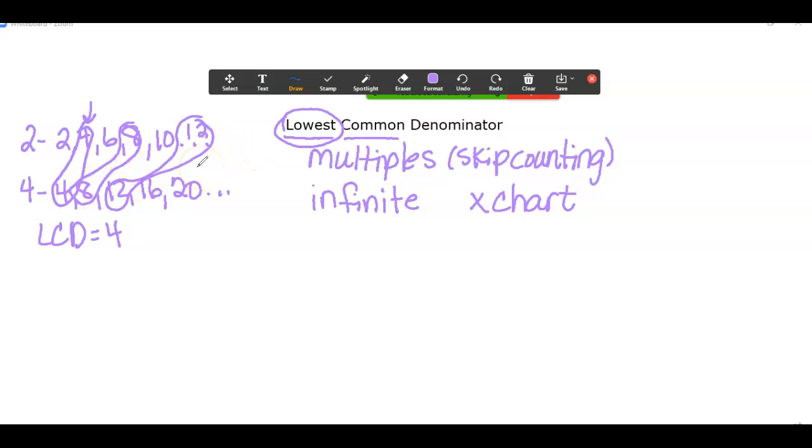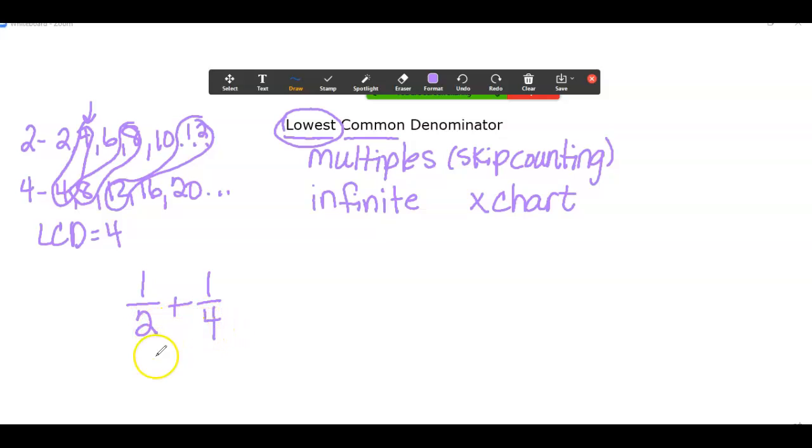Once we have the LCD, then I can start to change fractions so that they are equivalent fractions and they have the same denominator. That is the whole reason why we need to do LCD. Because if I want to add 1/2 plus 1/4, I cannot add when the denominators are different.